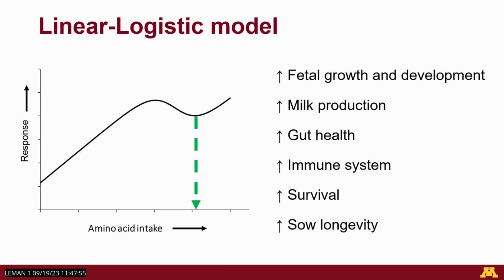So this matches with different things we've seen biologically, different things we've seen in the barns, different things that other research has seen. We have seen also increases in sow longevity because the sows have more amino acids to biosynthesize things that will maximize their long-term health. And these levels are higher than current requirements.